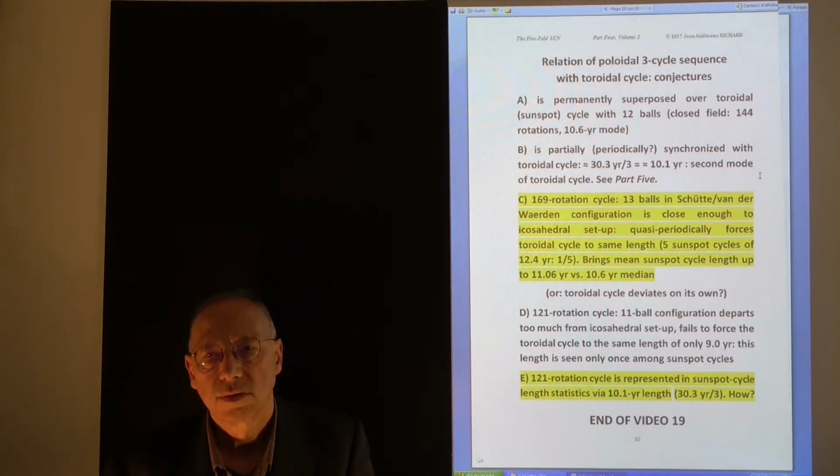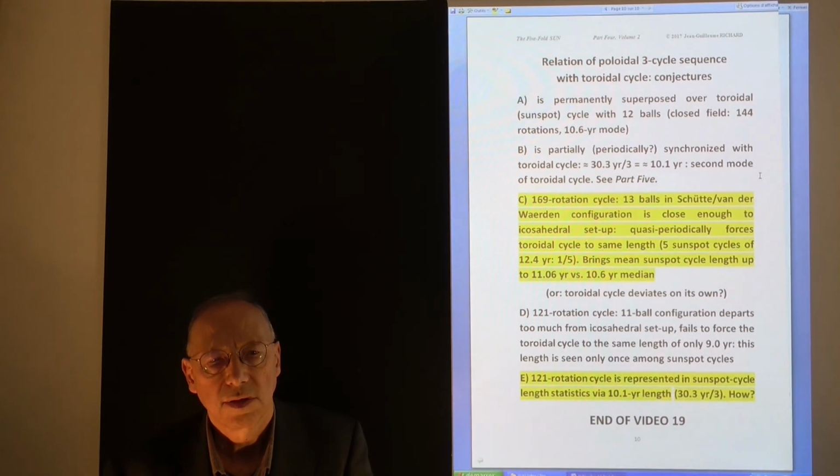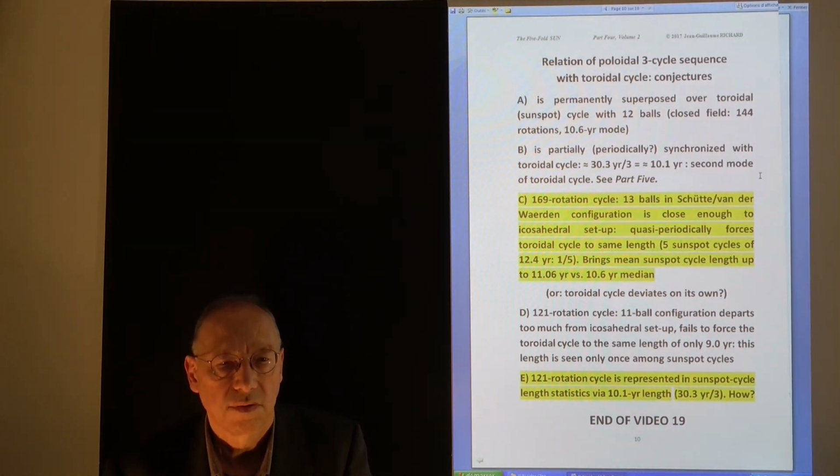If we now try to answer the questions from video 17, we have to go through the issue of the relation of the poloidal three-cycle sequence, which is postulated here, with the toroidal cycle itself. Here we are left only with conjectures and with new questions.